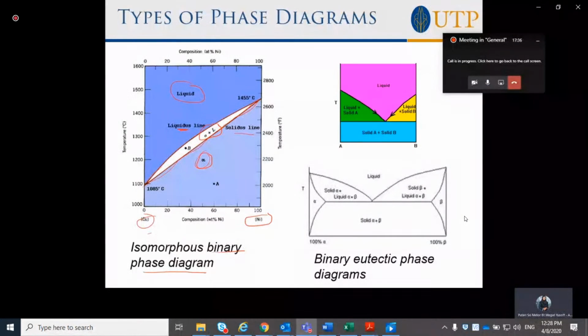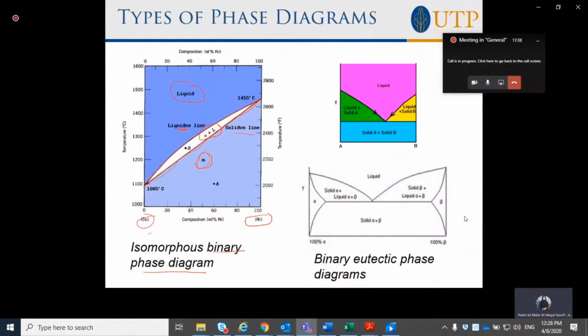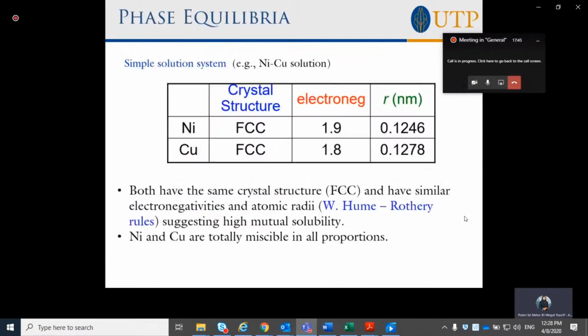What's peculiar about this is that copper and nickel have the same crystal structure. They have almost similar electronegativity and similar atomic radius, so the sizes of the atoms are similar.